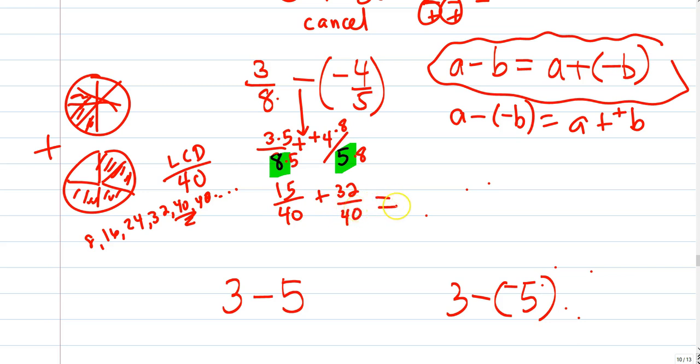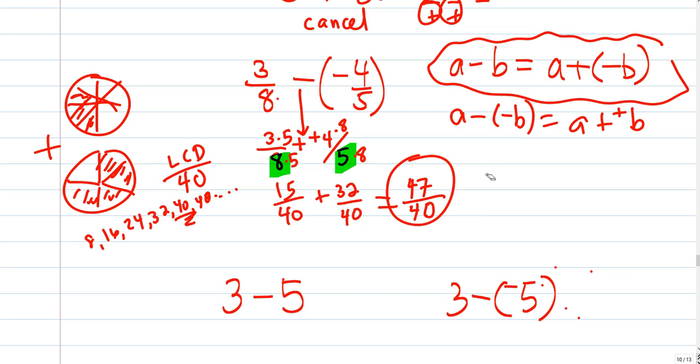And now we have to remember how to add fractions. We add the parts, we add the numerators. 15 plus 32 would be 47 over, when I add, the pieces stay the same size. They stay over 40. I'm fine with this answer. Feel free to circle that. If I wanted an answer, what's 47 40ths mean?